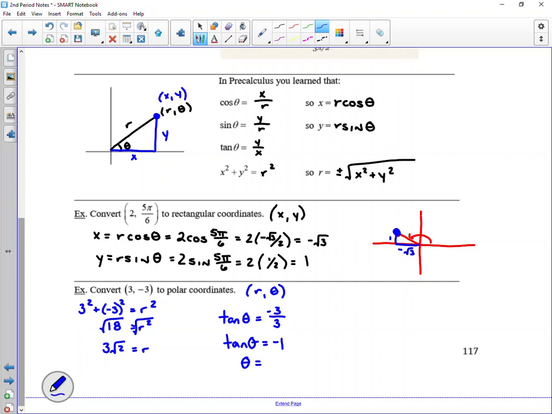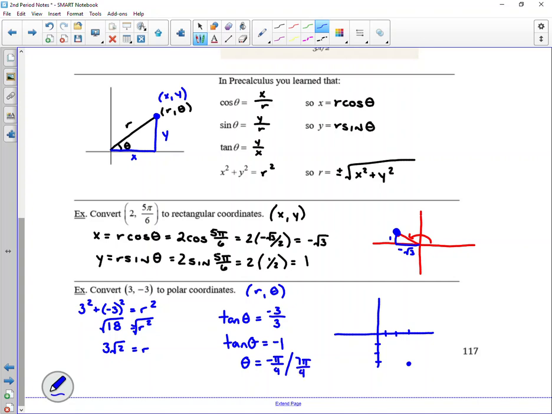There's a million, right? Okay, so on our graph, we want to hit 3, negative 3 as our x and y coordinates. So what should my theta be? Yeah, either one actually works. So you could say negative pi over 4, or you could say 7 pi over 4.